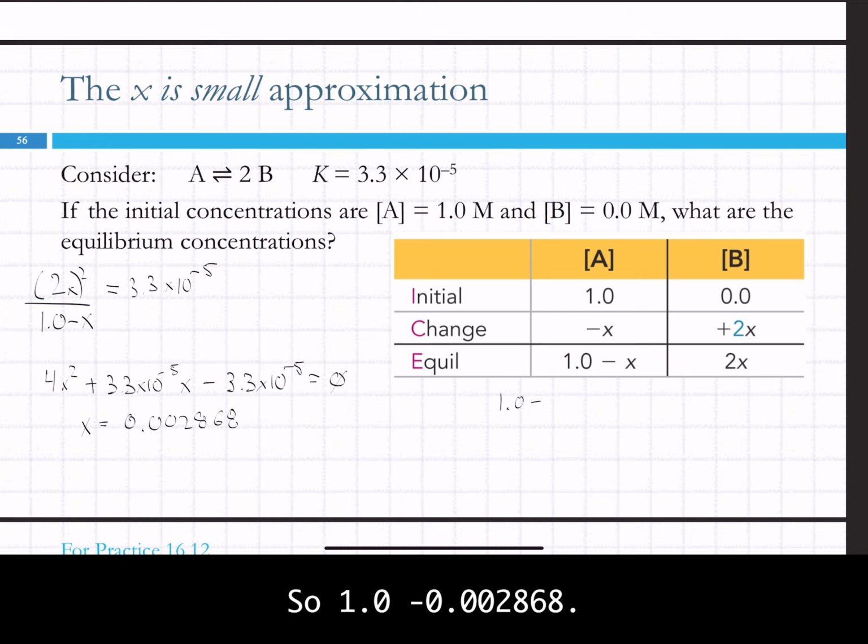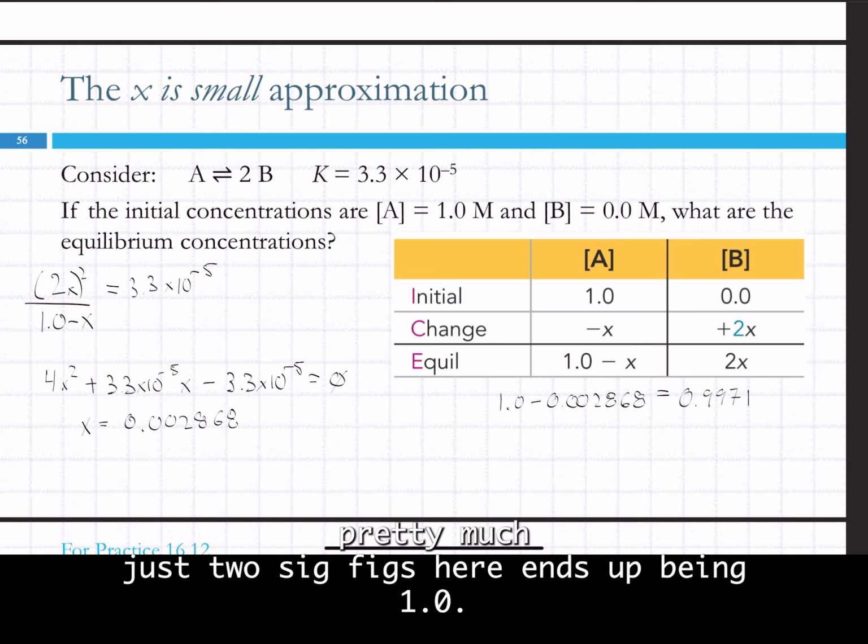So 1.0 minus 0.002868 is 0.997, which, since we have just 2 sig figs here, ends up being 1.0 still.